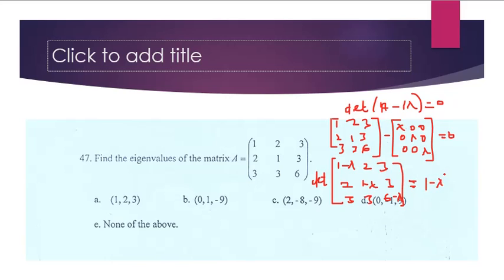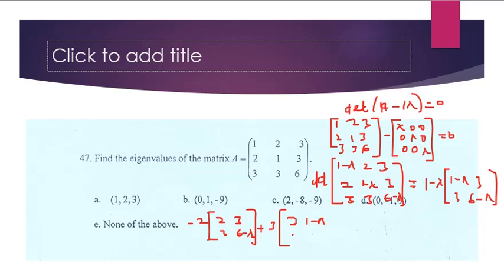So we have 1 minus lambda, and then we use this portion: 1 minus lambda, 3, and then 3, 6 minus lambda. Then we have minus 2, and then 2, 3, 6 minus lambda. Plus 3, and then 2, 1 minus lambda, 3, 3. Now let's try to expand this. So we have 1 minus lambda.